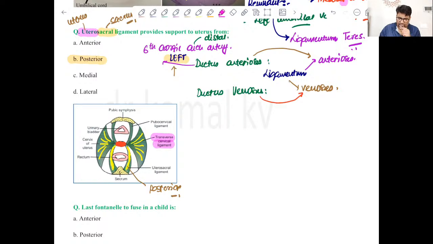And anteriorly we have one ligament extending from the cervix to the pubic symphysis, that is pubocervical. So pubocervical is anterior, uterosacral is posterior, and transverse cervical is lateral, going up to the pelvic walls. So this is just in short about the supports of the uterus.